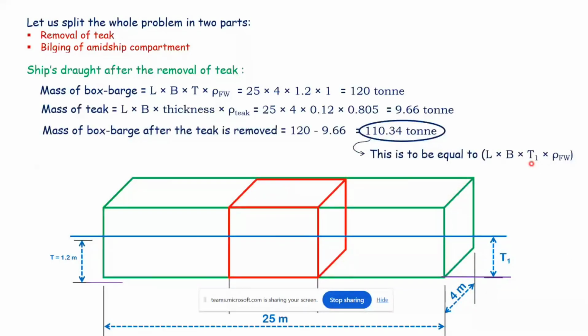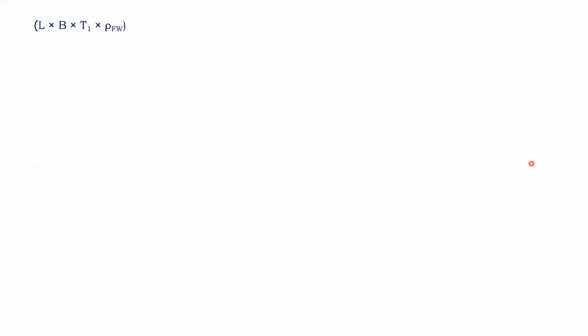We are going to equate L into B into T1 into the density of fresh water with 110.34, and solving it for T1 will give us 1.1034 meters as the new draft after the removal of teak. Clear now?